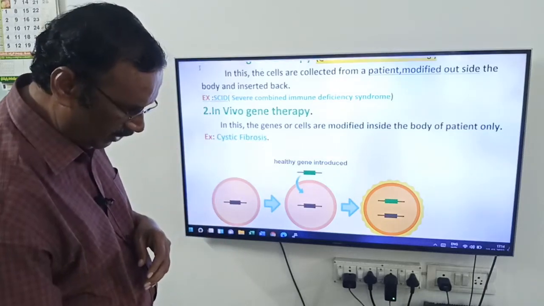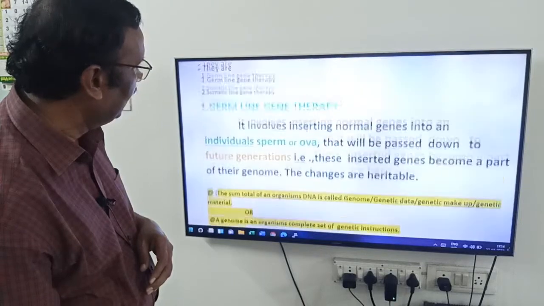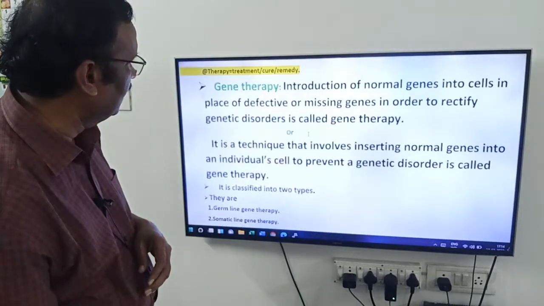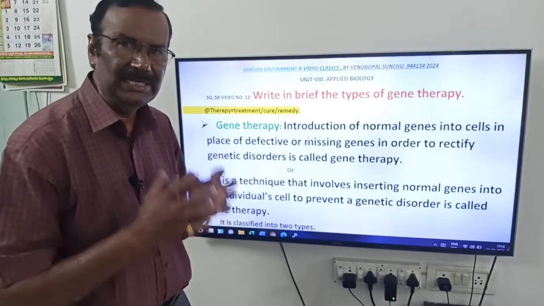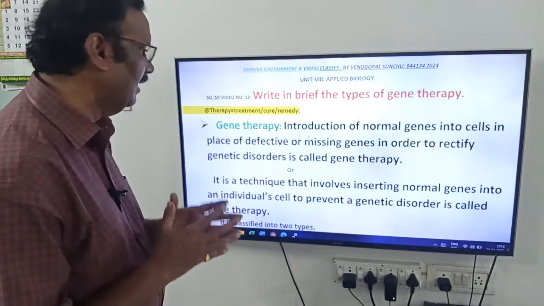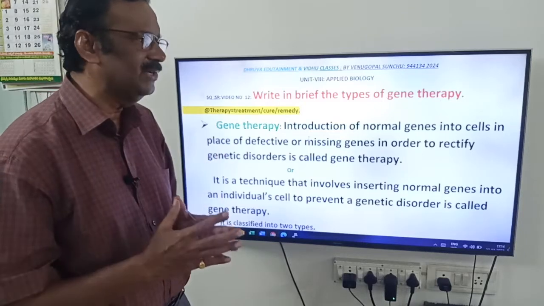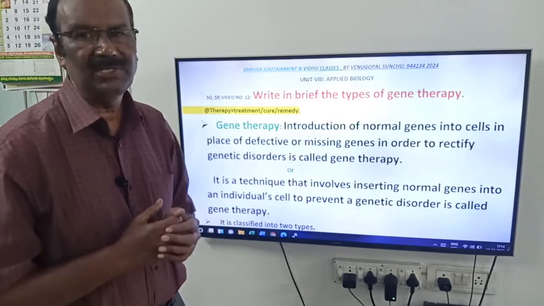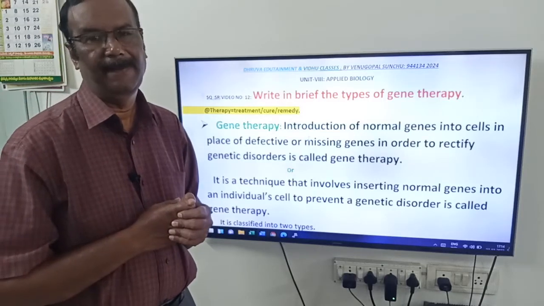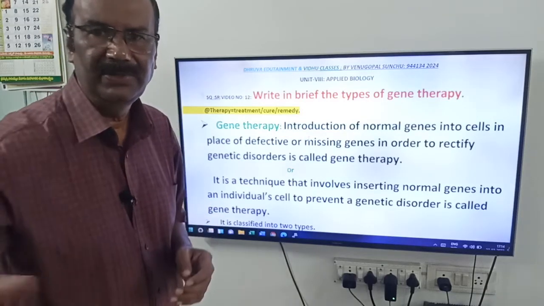Okay friends, this is about what, friends? Gene therapy. Once again you see, friends, what is the definition? Introduction of normal genes into cells in place of defective or missing genes in order to rectify genetic disorders is called gene therapy. Okay friends, thank you. Good day, friends.